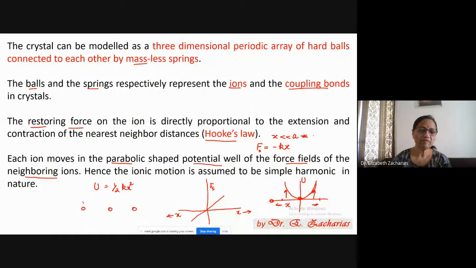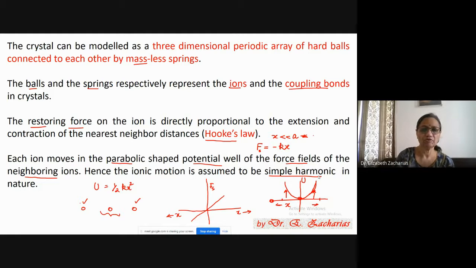This one is going to have its parabolic potential, this one is going to have its potential, and the one at the center is trapped between the potential wells of its nearest neighbors, and we are assuming that Hooke's law is obeyed and the motions are simple harmonic in nature.